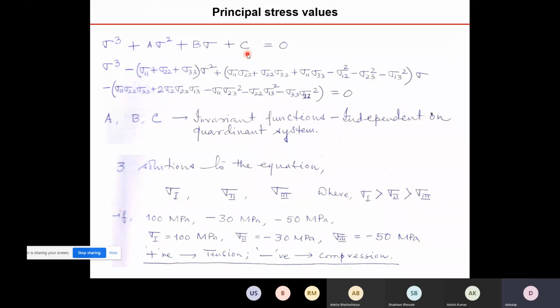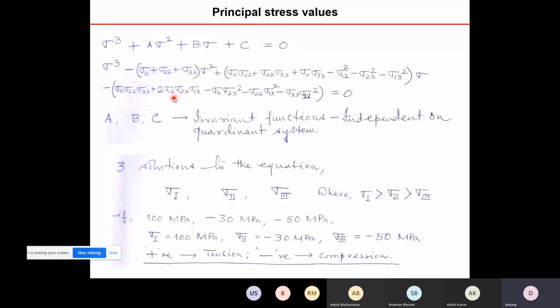You will get it where a is represented by the component values 1 1 plus 2 2 plus 3 3. B is represented by more component values: 1 1 into 2 2, 2 2 into 3 3, 1 1 into 3 3, minus 1 2 square, minus 2 3 square, minus 1 3 square. So this is the B. And this is C, 1 1 2 2 3 3, like that.